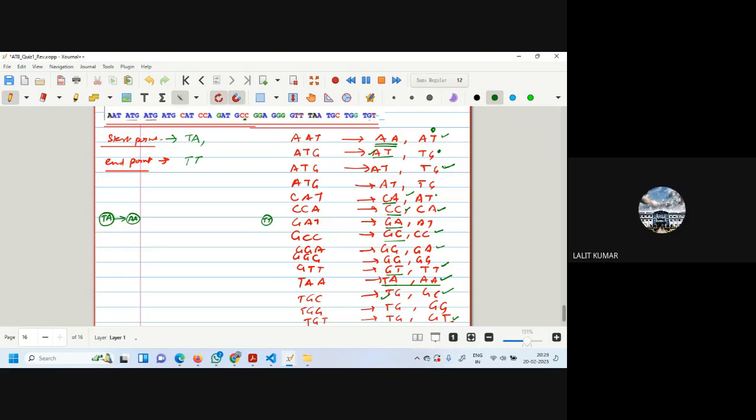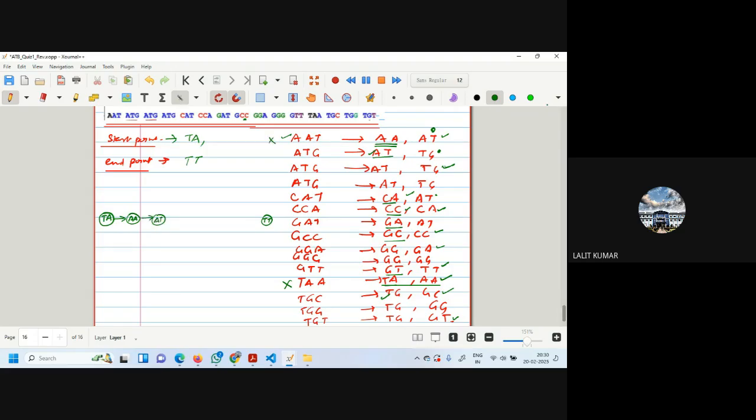Okay, now we start building the path. So we go to TAA. We strike this, we have marked this, TAA. Now we go to AA. Where is AA? AA is here. So from here we go to AT. We strike this.